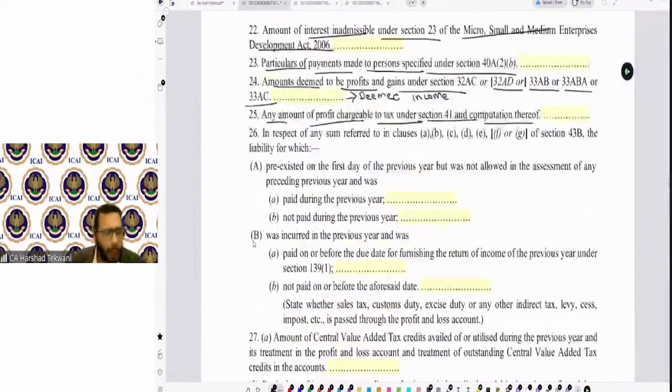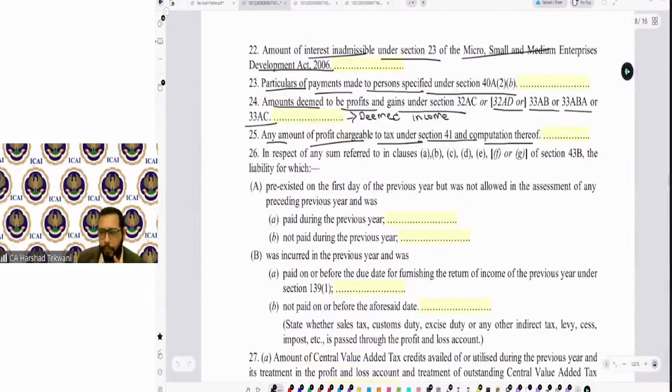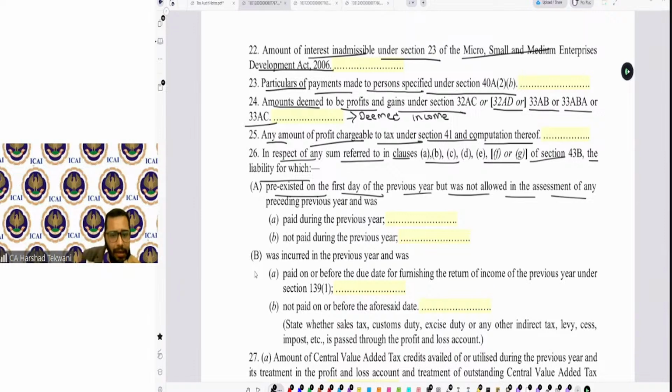Clause 26, very important one, talks about any sum referred in clause A, B, C, D, E, F, G of section 43B, the liability for which was pre-existing on the first day of the previous year but was not allowed in the assessment of any preceding previous year, and was paid during the previous year, and not paid during the previous year.